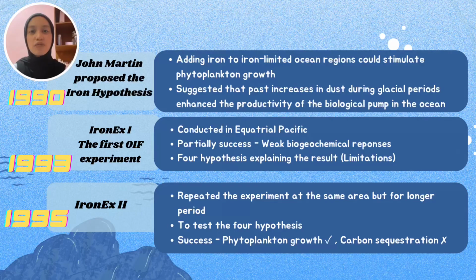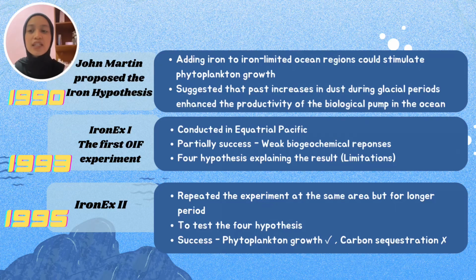The idea of ocean iron fertilization all started from John Martin's famous hypothesis back in 1990. From 1993 to 2009, a total of 13 artificial ocean iron fertilization experiments were conducted in different HNLC regions. The first OIF experiment was conducted in 1993, which is IronEx 1, but the result obtained was weak.